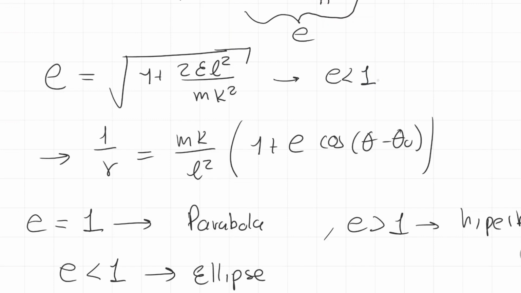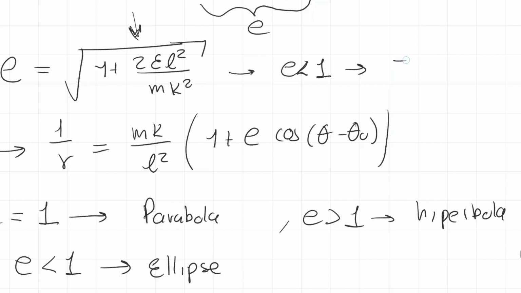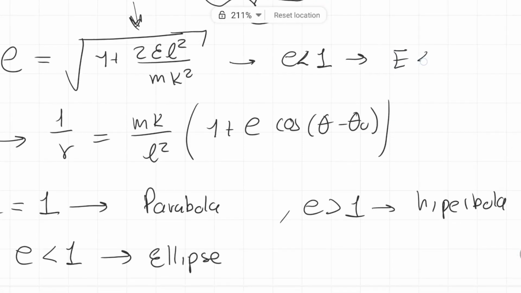Well, we see that if e is less than 1, then looking at this expression, the energy E needs to be less than 0. In that way, we are going to be subtracting this quantity that we have here. Then we are going to get a number that is less than 1.